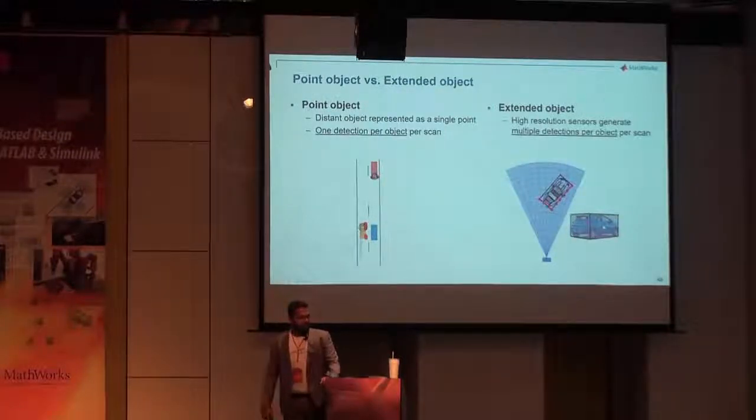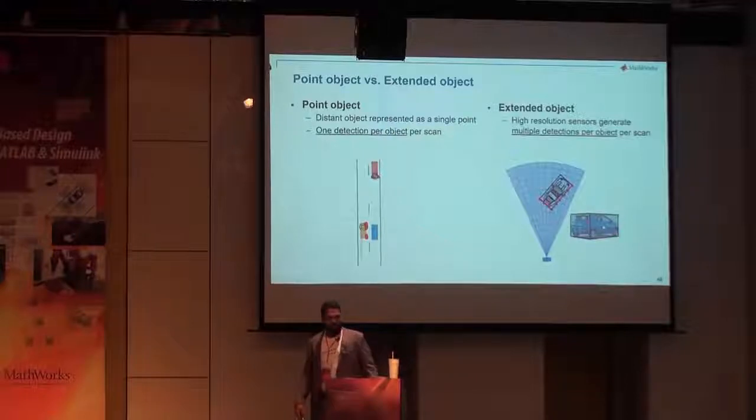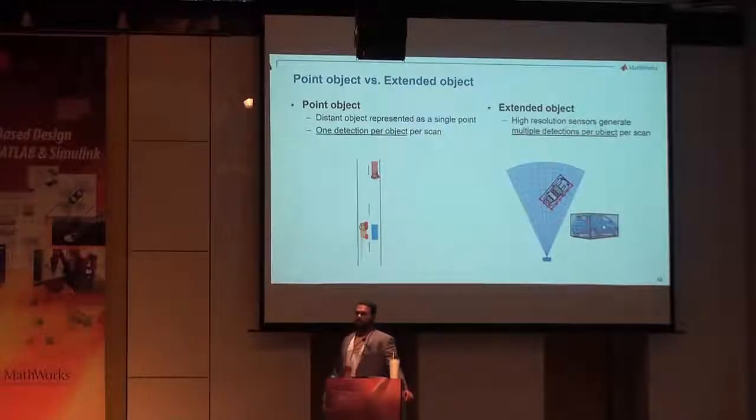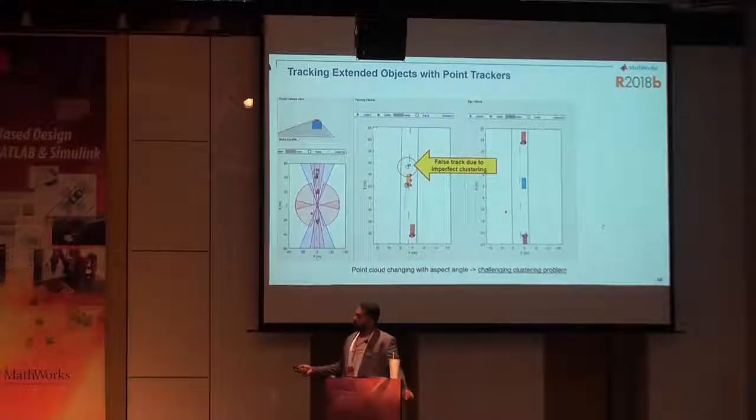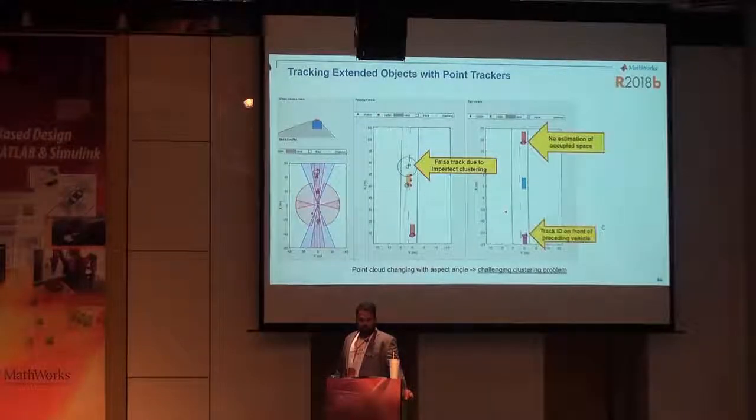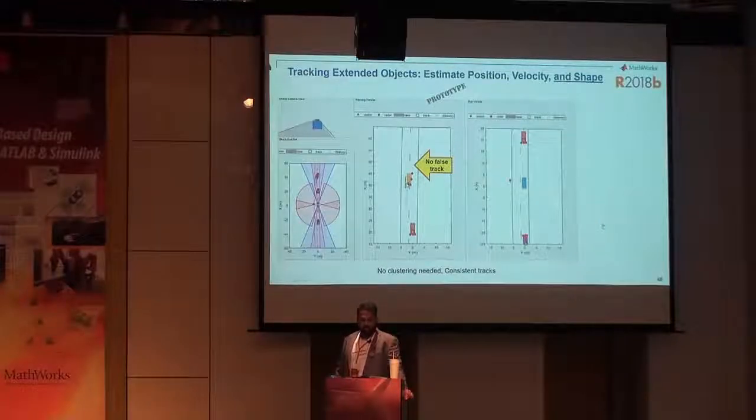So using extended object filtering is much more applicable now, and useful for sensor fusion. In contrast to a point tracker, where you have an imperfect point object, with extended object tracking you can often get better accuracy when you are applying tracking. Now in this case, it's an example of no false tracking.